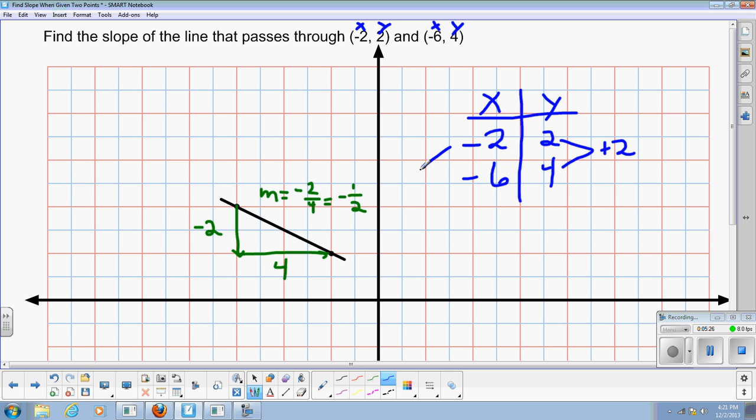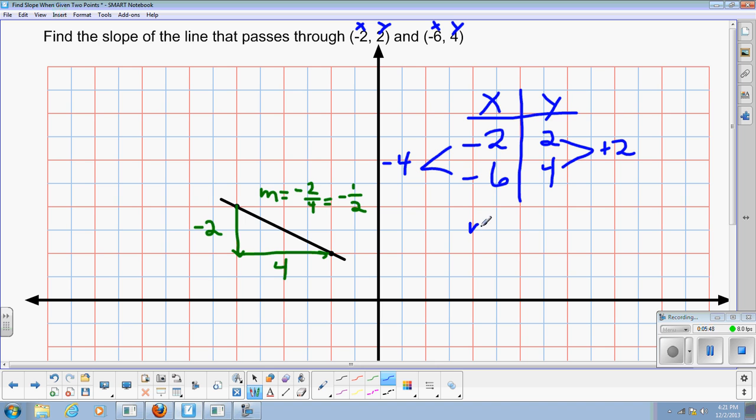Then we want to find what we call the change in x. If I start at -2 and I go down to -6, what's the change there? Well, the change on this one then is down 4. Start at -2. If you go down 4, you go to -6.